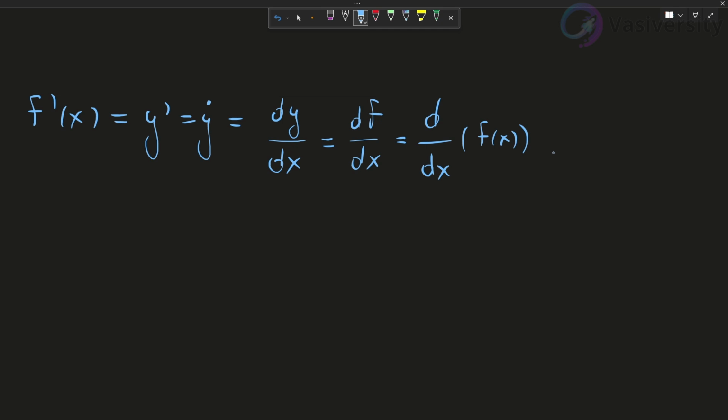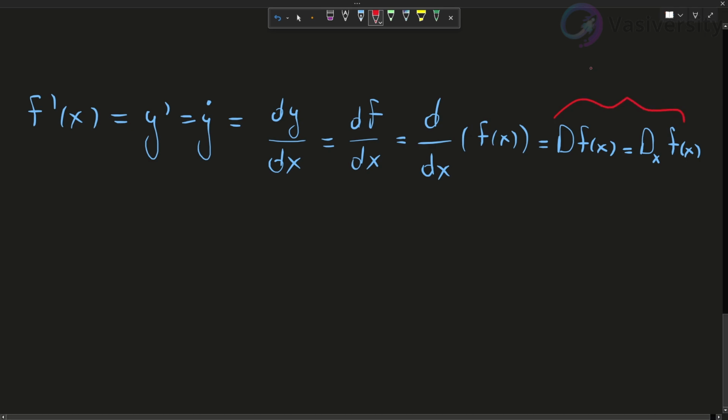Okay, and of course, Euler's notation would be D f of x, or sometimes you emphasize D sub x of f of x, since you're using the x variable. That's what it means. All of these notations can be seen in mathematics. This kind of notation can be seen in aerospace engineering and mechanical engineering, specifically fluid dynamics. This one is very common, because every field wants to be special and every field wants to be different.